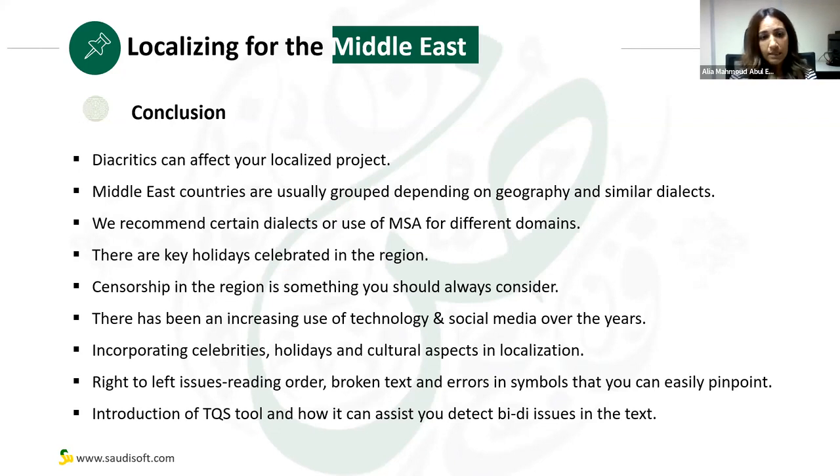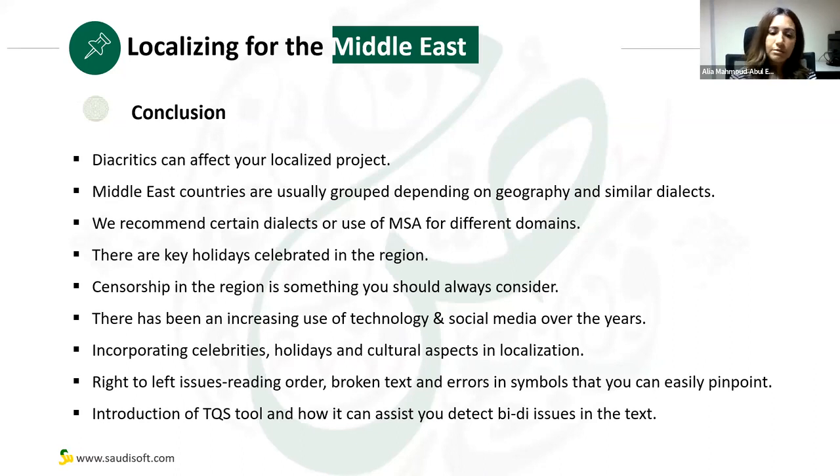We also discussed that MSA is used more commonly in newspapers, legal, medical, and gaming material, while dialects are used in marketing and in commercials. There are also key holidays in the region that you should know of and plan for when you're localizing for this region. And to avoid risk of banning and negative associations for your product and or service, you should always consider censorship.